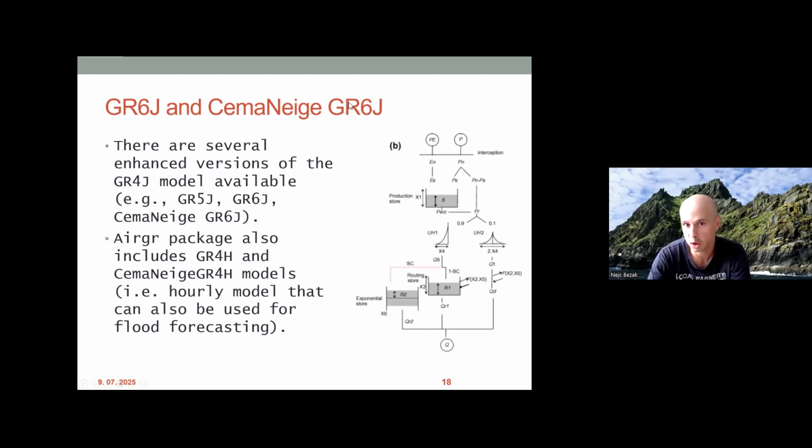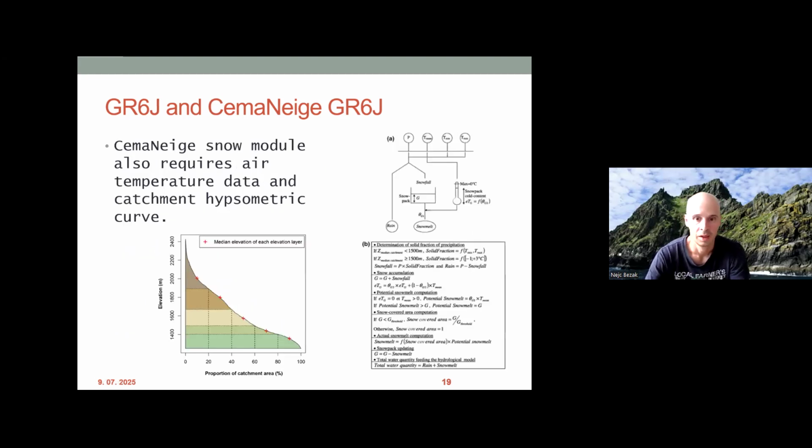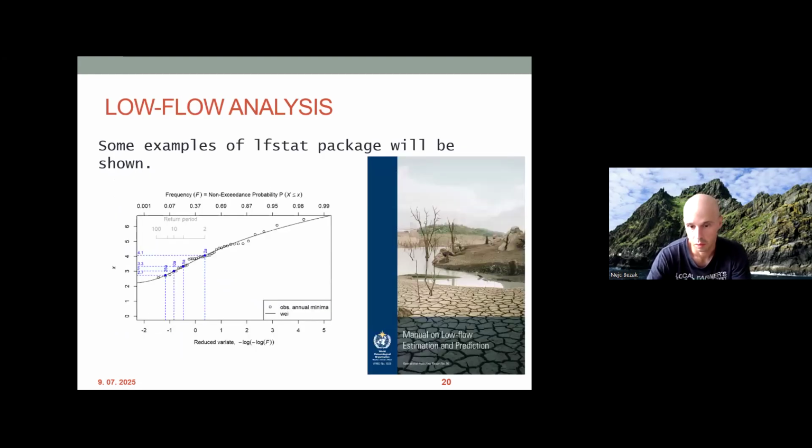They also have the model with 6 parameters, adding one exponential storage, which improves the low flow simulations and so on. So low flow analysis, some simple examples are also included in the R code. These examples will follow the lfstat package, which was basically developed based on the manual published by the World Meteorological Organization.